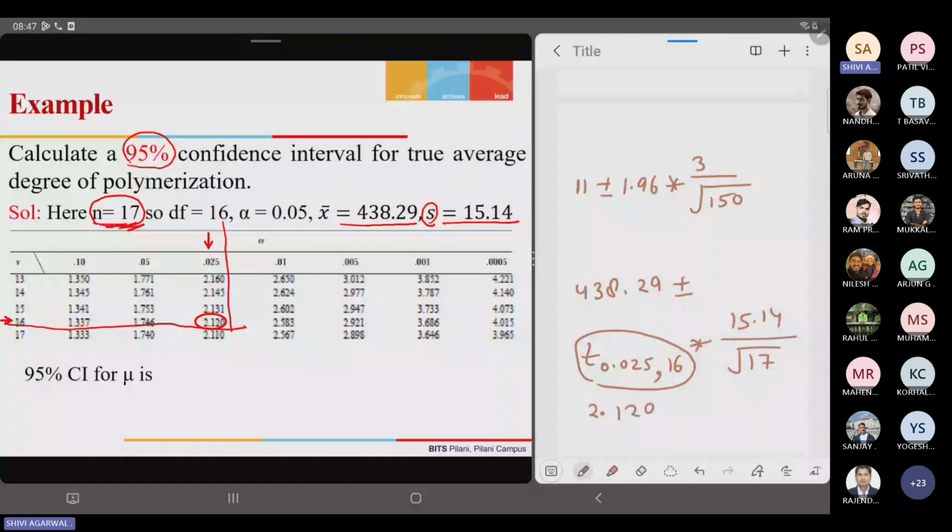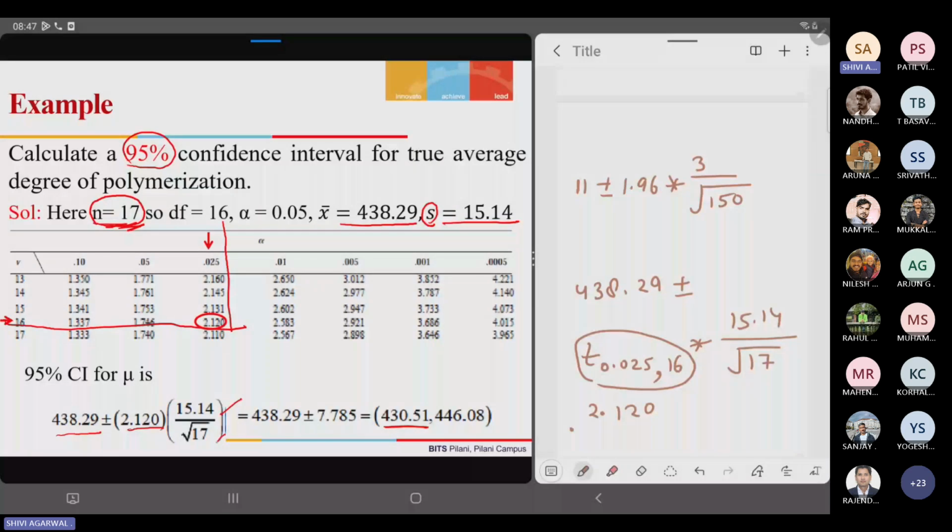So you can plug in the values and find the answer here. 438.29 plus minus 2.120 multiplied by 15.14 upon square root of 17. So the answer is coming here: 430.51 and 446.08.